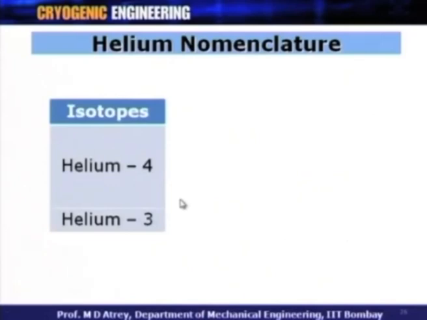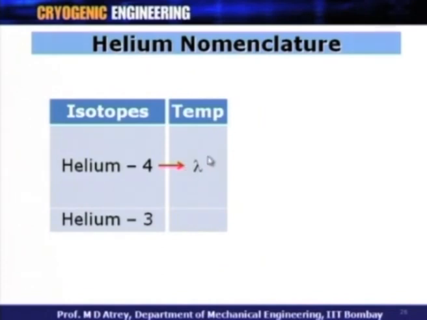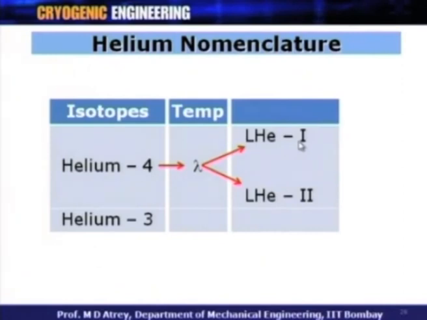Just to summarize, what we hear in helium nomenclature is helium 3, helium 4, helium 1 and helium 2. Helium 3 and helium 4 are nothing but isotopes. Helium 4 is what we discussed till now. Helium 4 has a lambda point, and this lambda point further divides helium 4 into helium 1 and helium 2.